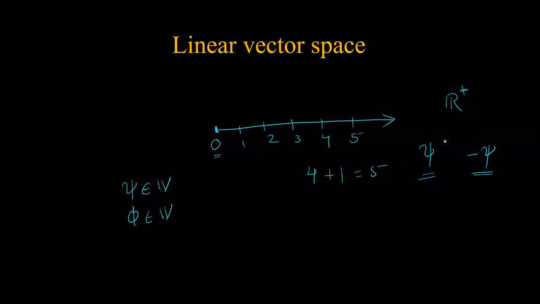If it is not, then it won't be a vector space. So for 1 there must be a -1, which is not here. You cannot see any negative number line over here. So this is not a linear vector space. So you can think of several linear vector spaces and comment down about these.